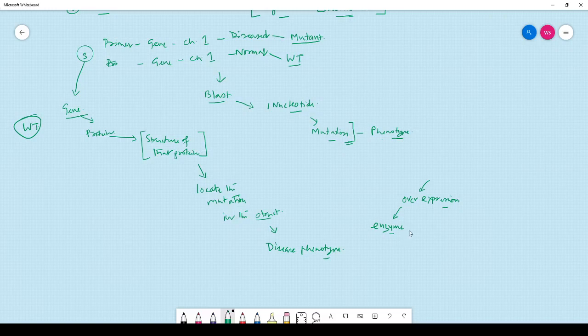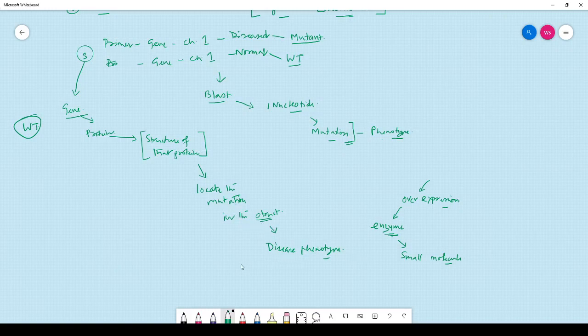So if the person is expressing lots of protein, we know the structure of the protein and we try to find out how we can block the enzyme. Okay, maybe we can develop a small molecule which can inhibit the enzyme.